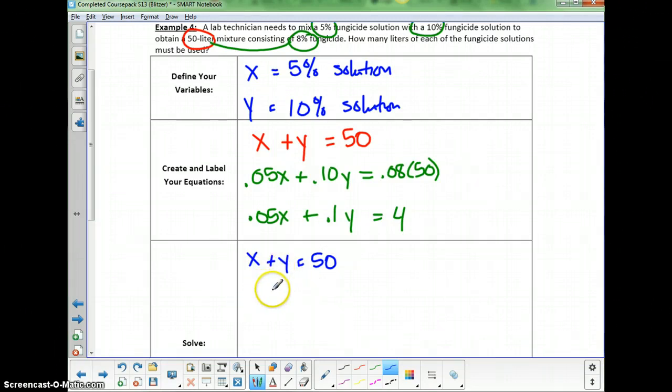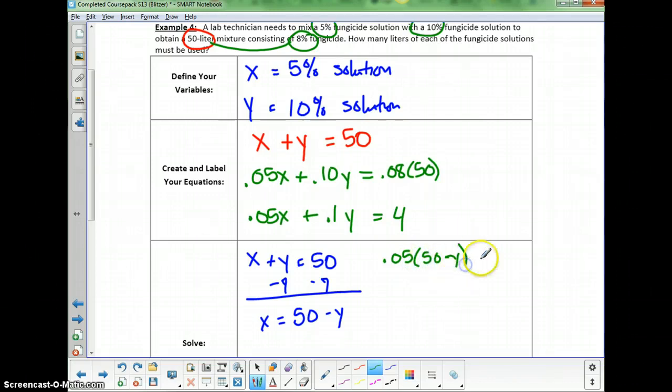And let's just say I solve for x. So let's subtract y from both sides. x equals 50 minus y. Alright. Now in my other equation where I have an x, I'm going to plug that in. So 0.05 times (50 minus y) plus 0.1y equals 4.